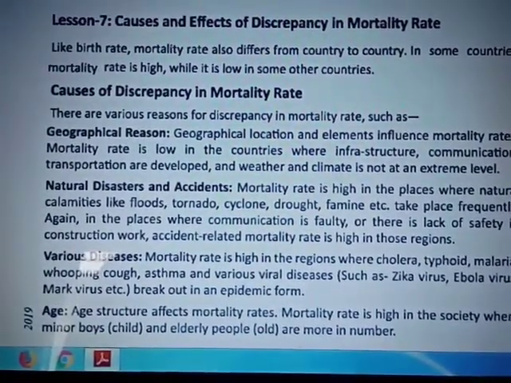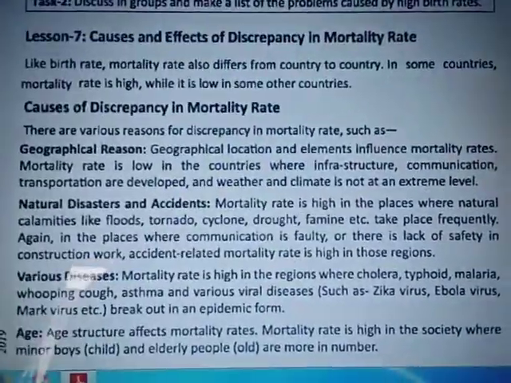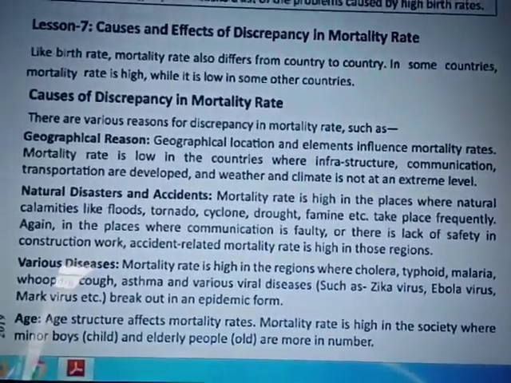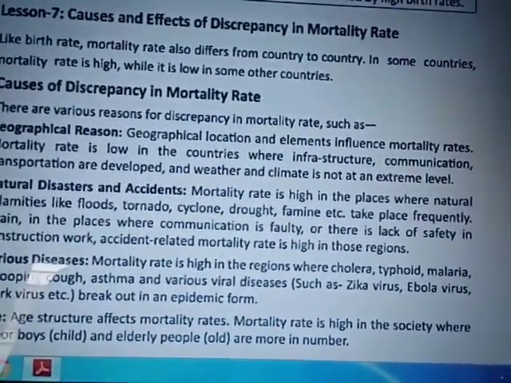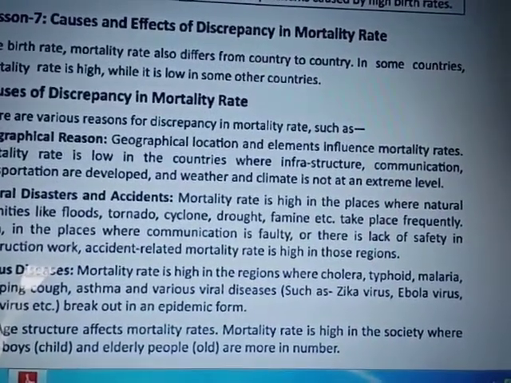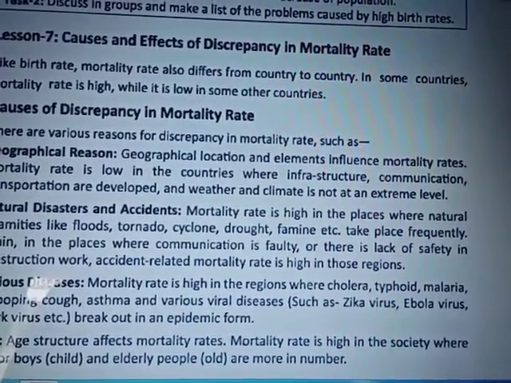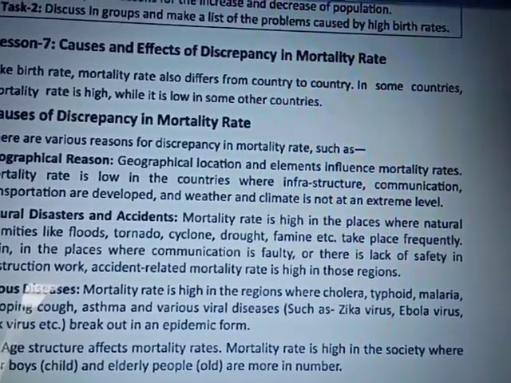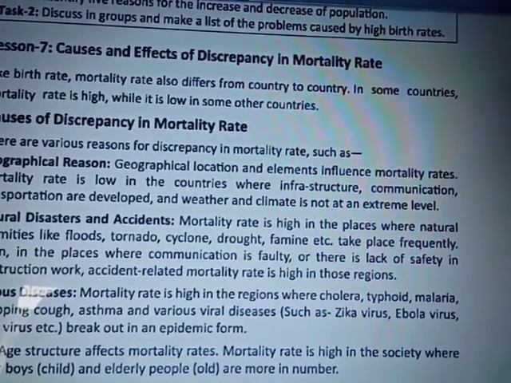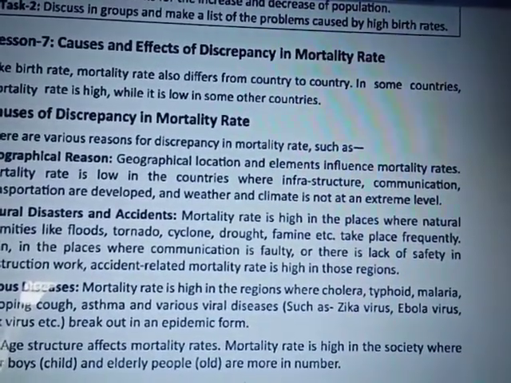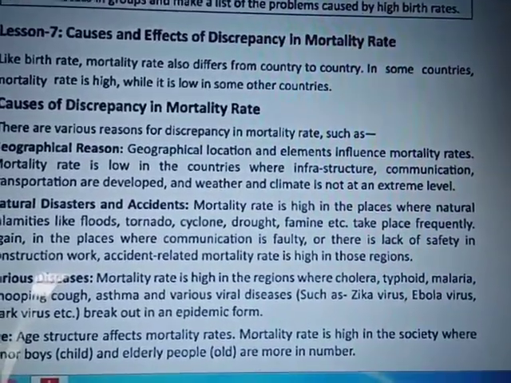And because the public are not conscious of how to build their houses, their construction elements are stored on the footpath or roads, so walking and movement on the road is very risky. For this reason, accident-related mortality is high.